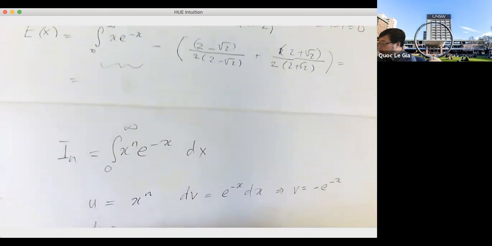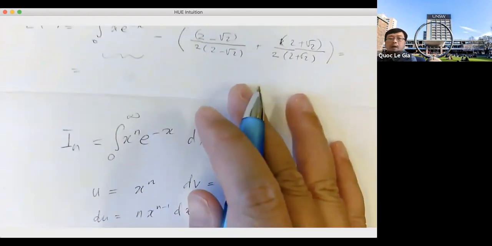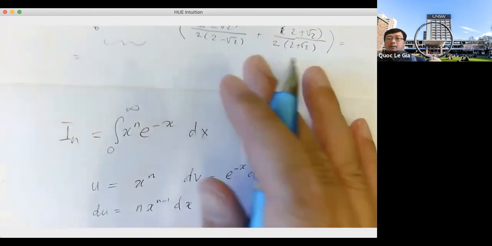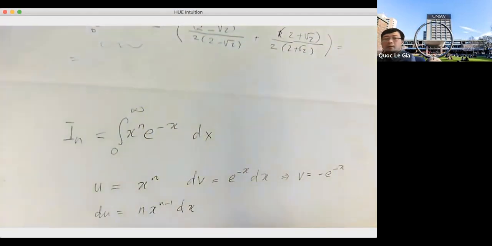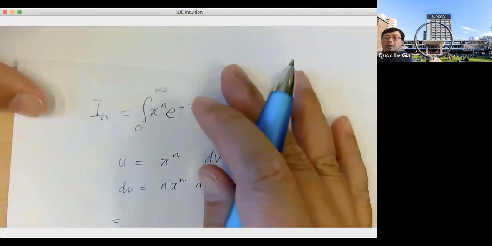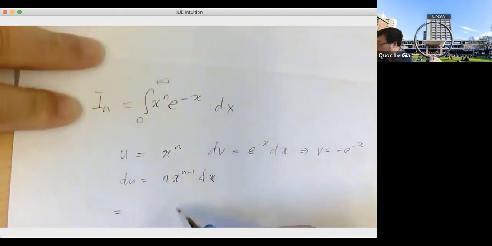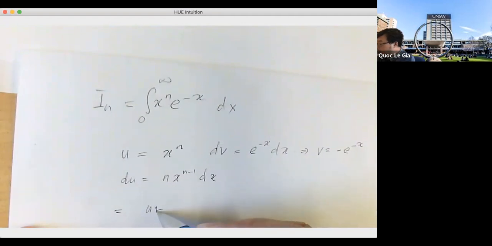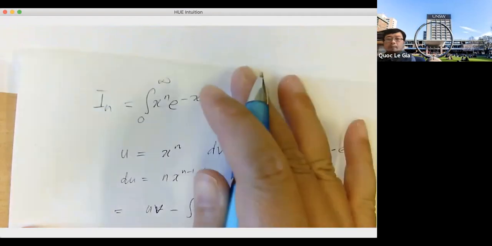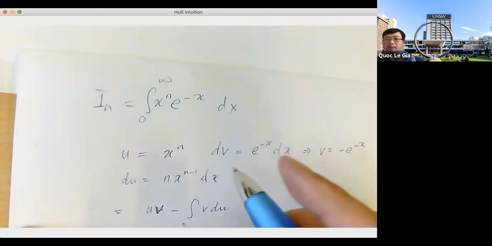So du will be n x to the n minus 1 dx. And if you remember integration by parts, then it will be uv minus the integral of v du, from 0 to infinity.